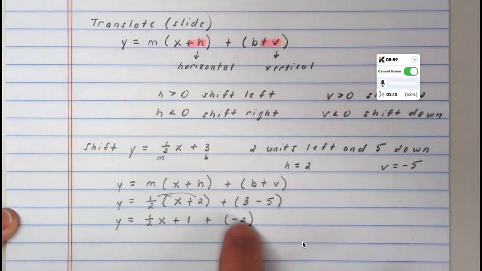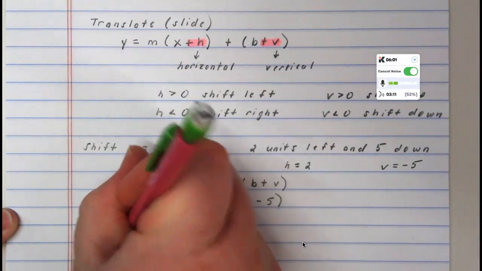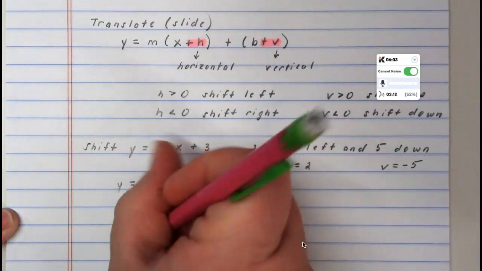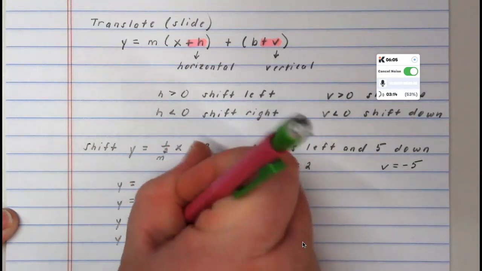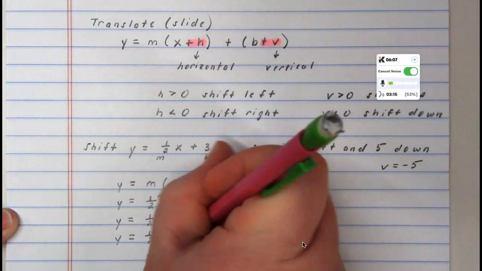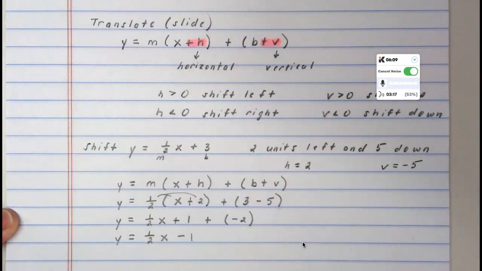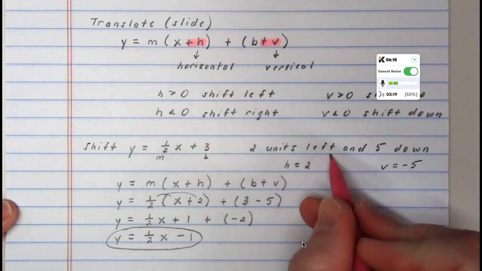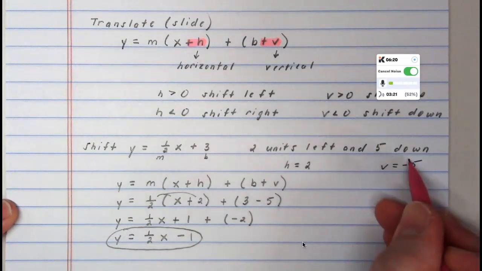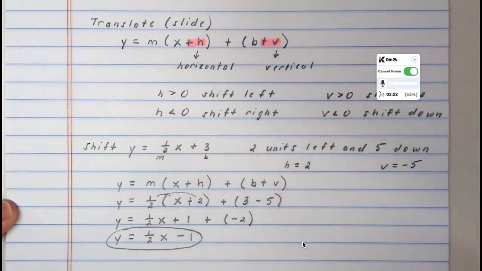And we can combine 1 and negative 2. So our final answer becomes y equals 1/2 x minus 1. So this is the new equation of the line that is 2 units to the left and 5 units down. Okay.